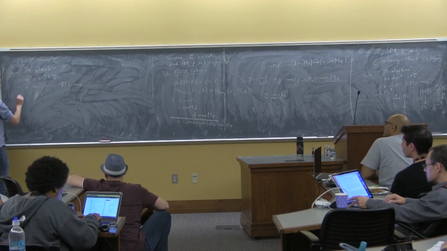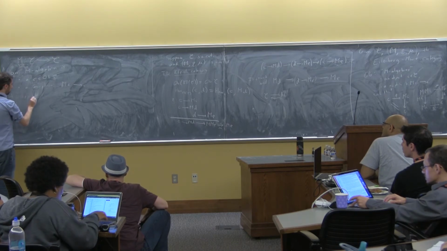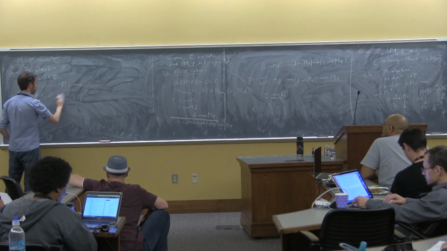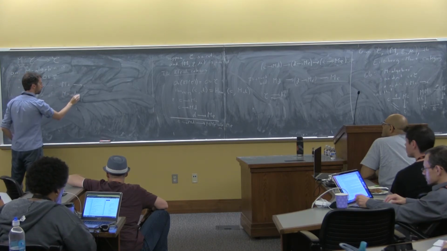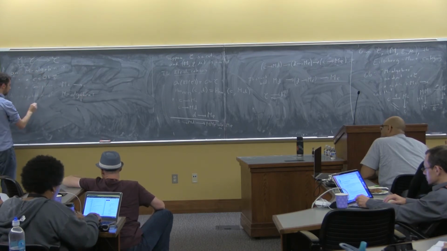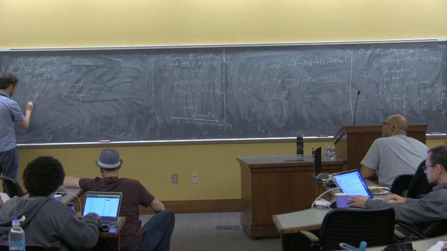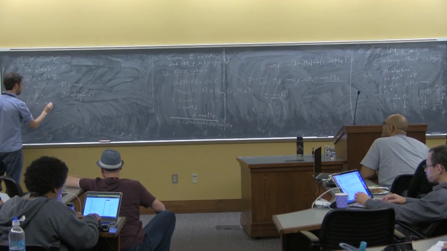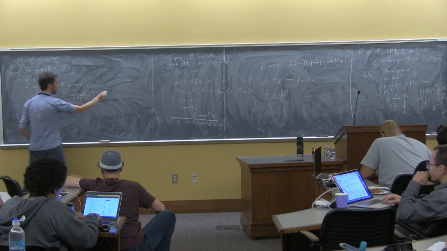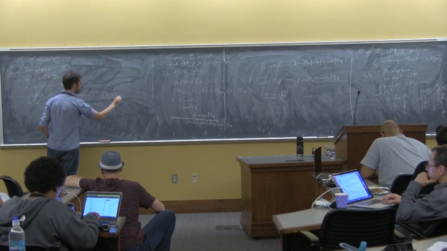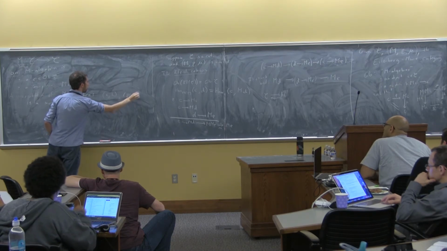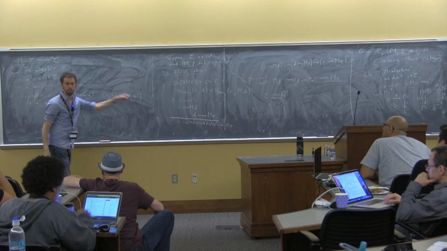A morphism of M algebras. Oh, I'm giving you a category now. I didn't even say that. A morphism of M algebras consists of a morphism. So if I have C and H, and I have C prime and H prime, that's an algebra and that's an algebra in this notation.